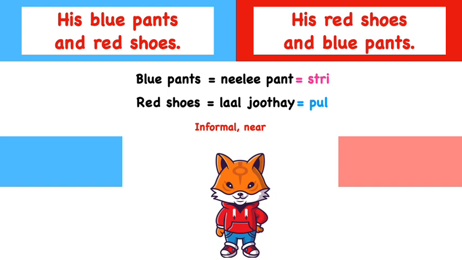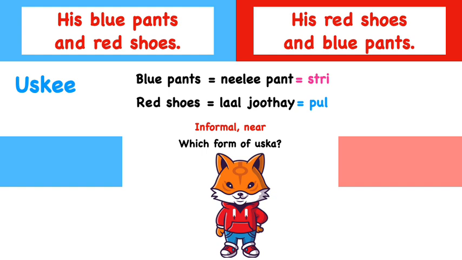Now hold on to that thought for a second. Now let's talk about the possessive pronoun for his. It says that this is informal and near, which you should remember from class means that we will use some form of uska. But which one? Use the first noun as your guide. In the first sentence, pants is the first noun. And since pant is a stri noun, it would be uski. In the second sentence, shoes is the first noun.